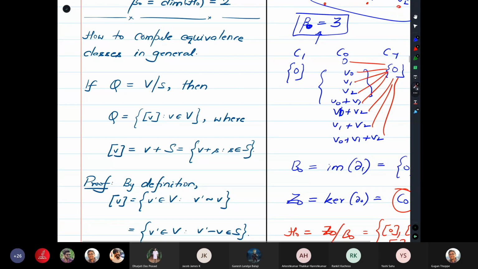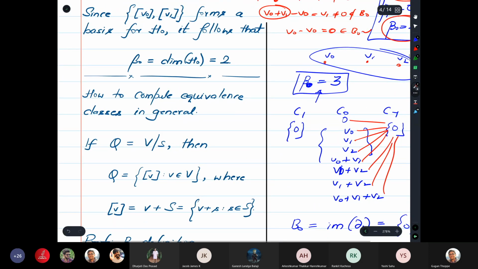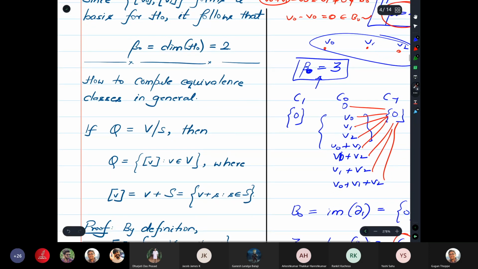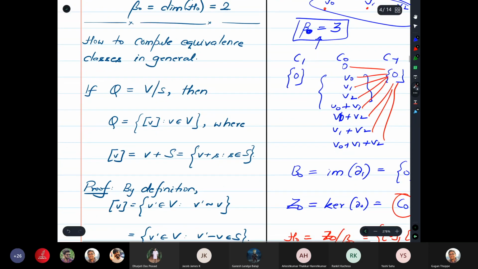But before that, computing these equivalence classes will become harder and harder as the boundary spaces and the kernel, the cycle spaces, become more and more complicated, right? So it makes sense to come up with an efficient way of computing how the equivalence classes in general look like.